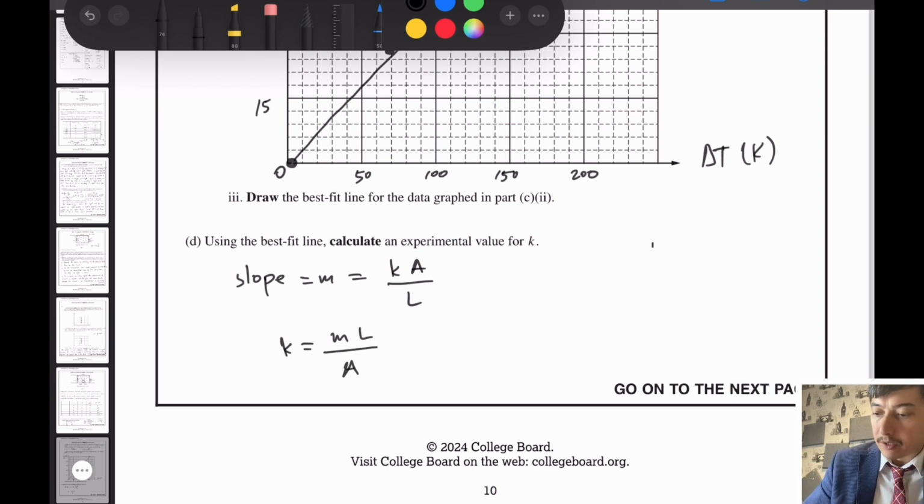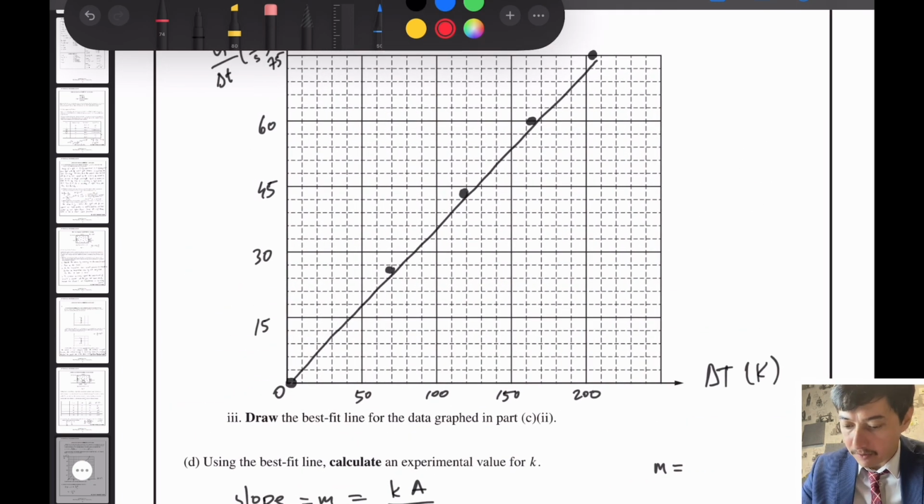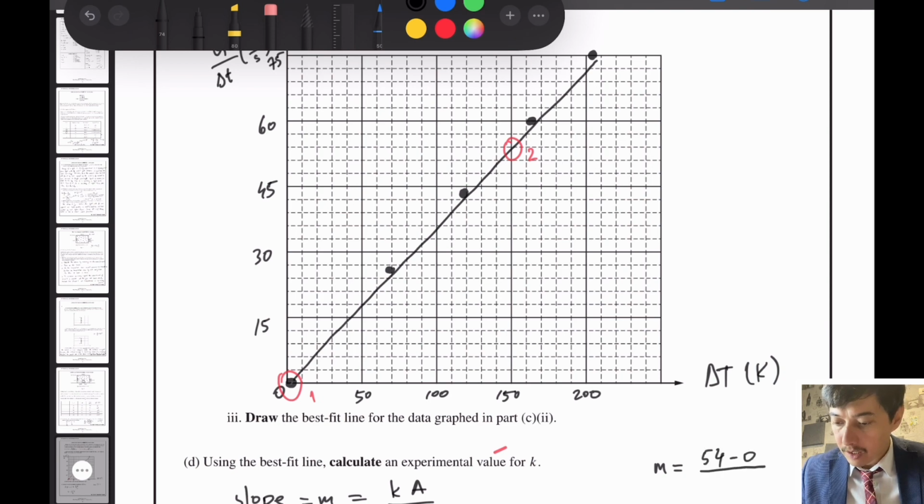Now let's quickly calculate the slope here. We are going to use 2 points from the graph. Let's choose easy points. So 0, 0, this is our point 1. And I can see where we have a good point, like here, I think we have got intersection. So point 2. So it's going to be 54 minus 0 divided by 150 minus 0.